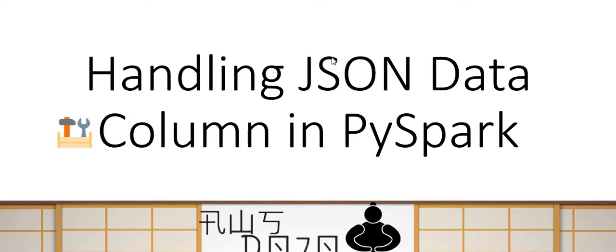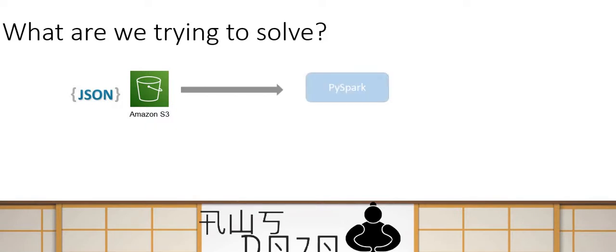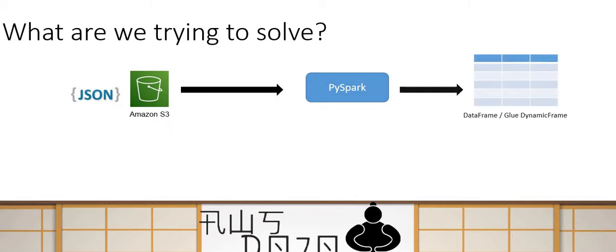So let's get started. And of course, I have a demo towards the end of the tutorial to show how things work. Let's see what we're trying to solve here. For instance, if you have a JSON document stored in Amazon S3, and you use a PySpark based script or code to read this JSON document, you can easily convert that into a data frame or a Glue dynamic frame.